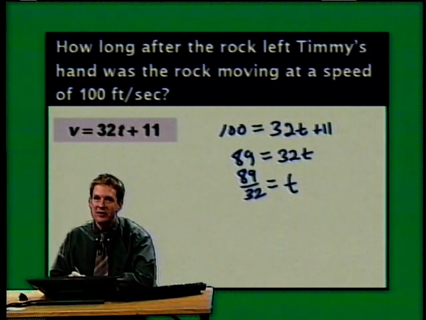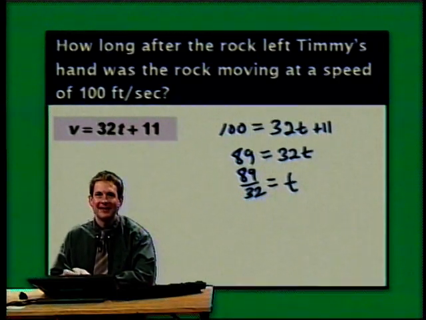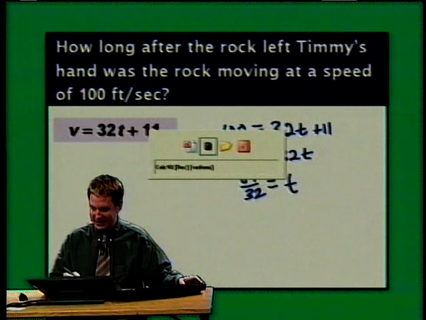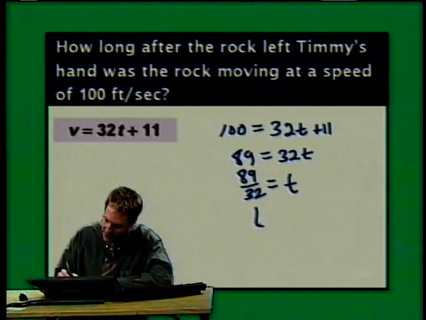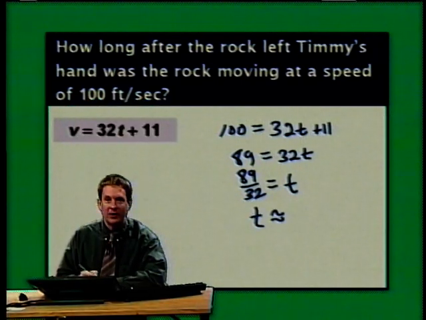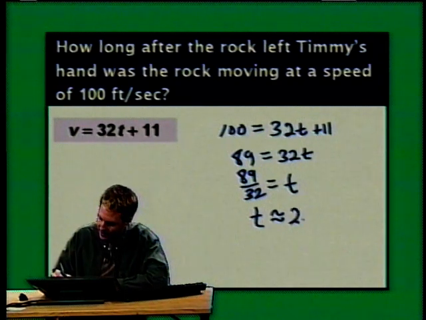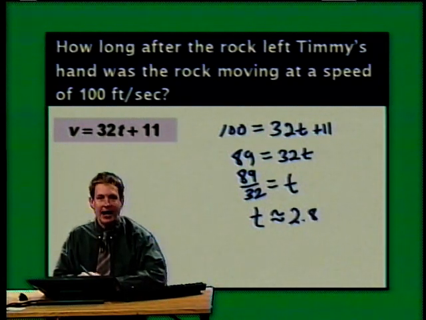I don't have a real good sense about the number 89 over 32, so I'm going to get out the calculator and change this to a decimal. If I take 89 and divide by 32, I get a whole bunch of digits. I don't think I need all those digits. I'm just going to round to 2.8. So I need to make sure that I use the squiggly equals to communicate that I've rounded. t is about 2.8.